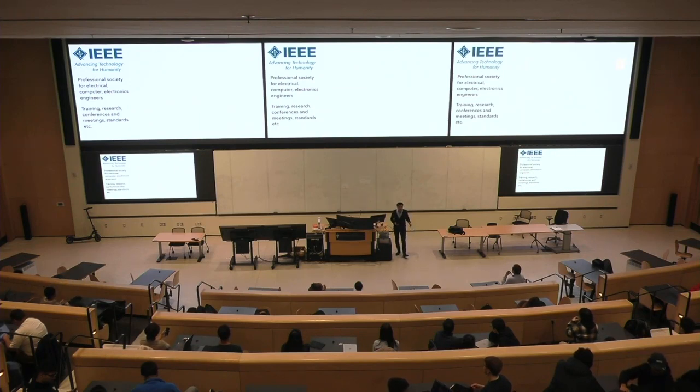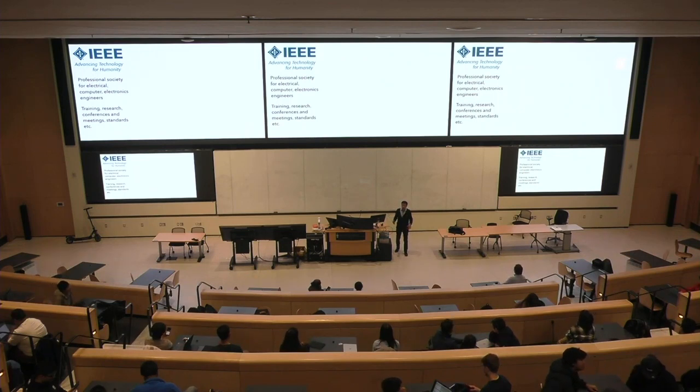They run a lot of conferences and meetings. They publish standards, right? You'll know that IEEE is responsible for Wi-Fi standards and a whole bunch of things like that as well. And they're a huge multinational, international, billion-dollar organization with over 1 million members, okay?